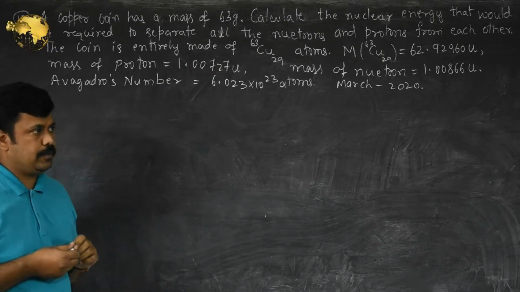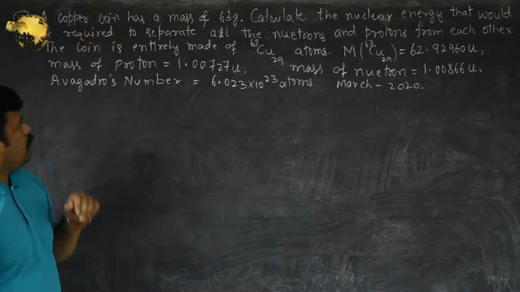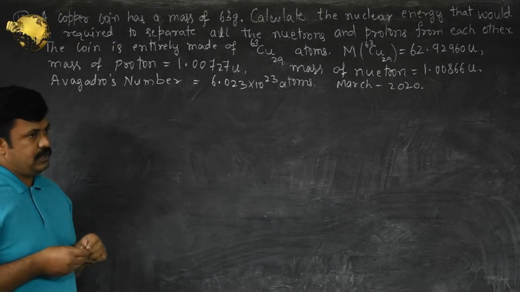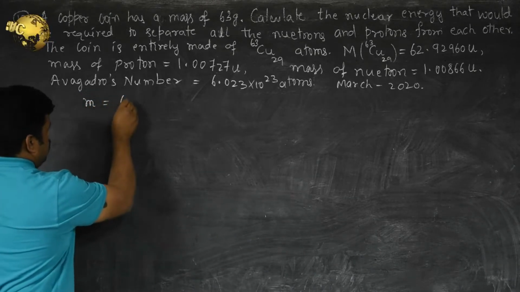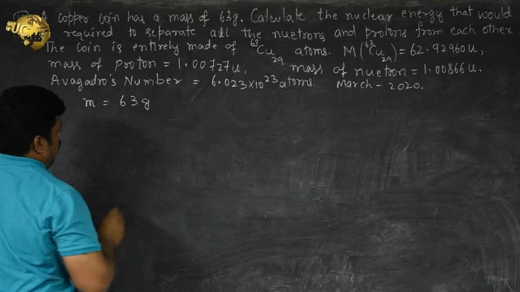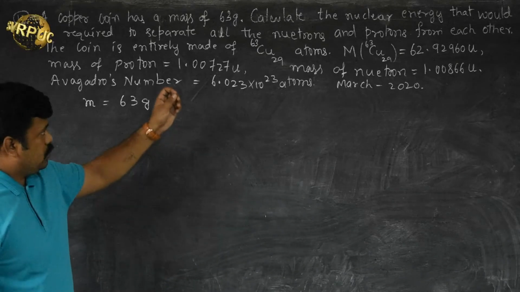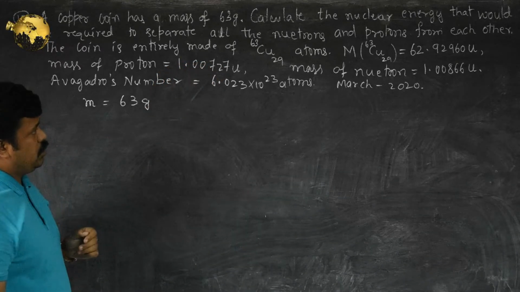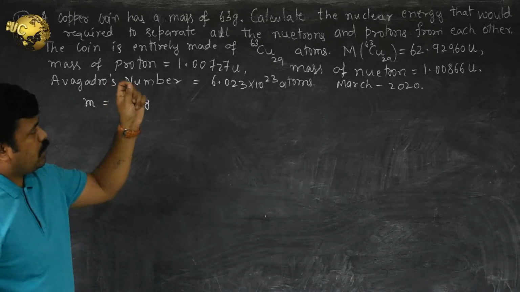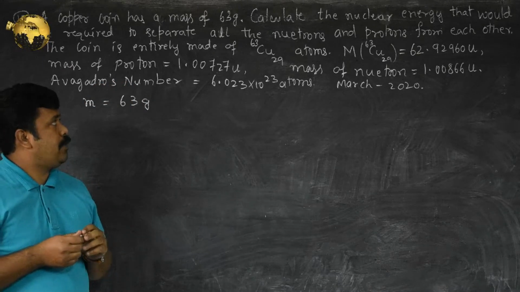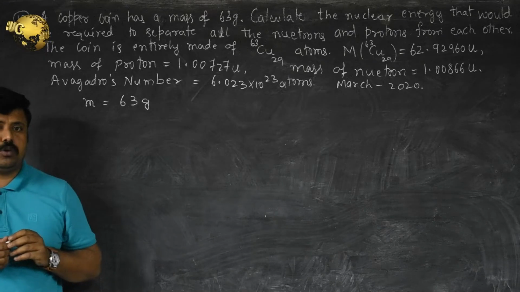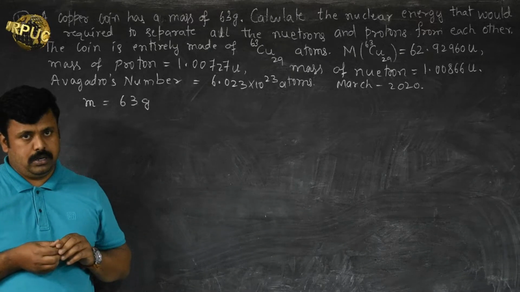Let's start with this. A copper coin has a mass of 63 grams. Okay, given mass, I take it as 63 grams. Calculate the nuclear energy that would be required to separate all the neutrons and protons from each other.